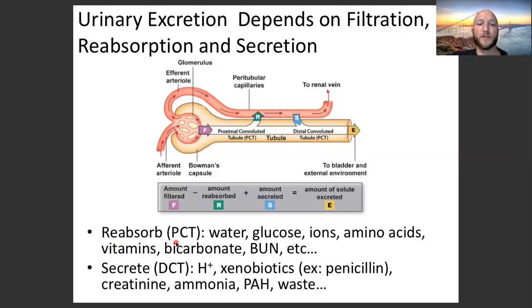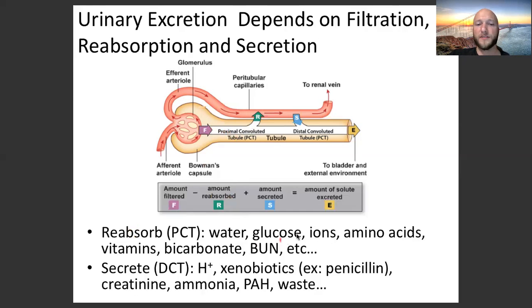So reabsorption mainly happens in the PCT, proximal convoluted tube. It's water, glucose, ions, amino acids, vitamins, bicarbonate, BUN, blood urea nitrogen. In order to be reabsorbed, you have to be filtered first.